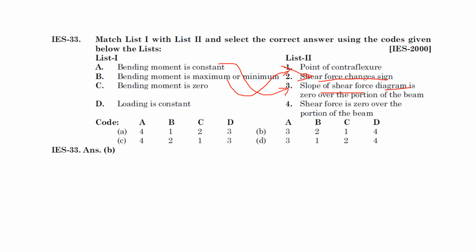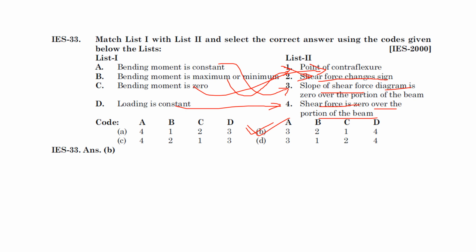Obviously at that point the bending moment will be 0. One more way of saying it: the point of contraflexure is where the bending moment changes its sign as well as where the bending moment is 0. So bending moment 0 matches 1, the point of contraflexure. The rest, this will match with 4: loading is constant, shear force is 0 over the portion of the beam. So the answer is B.